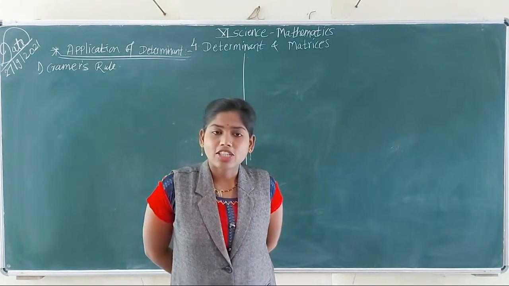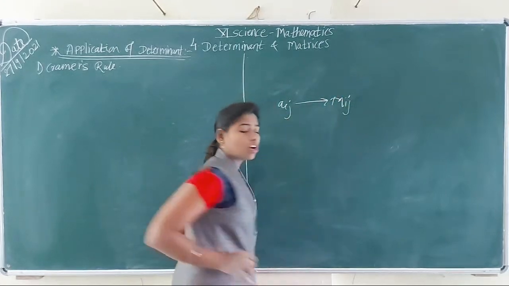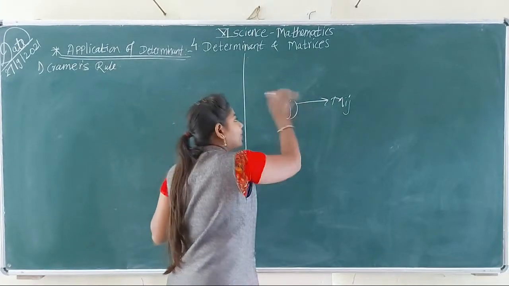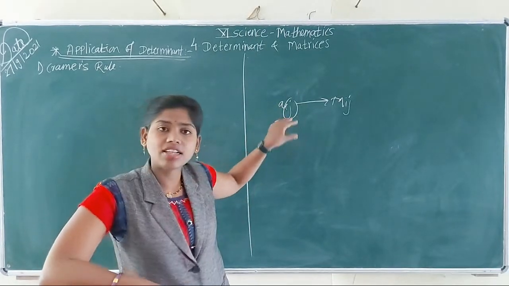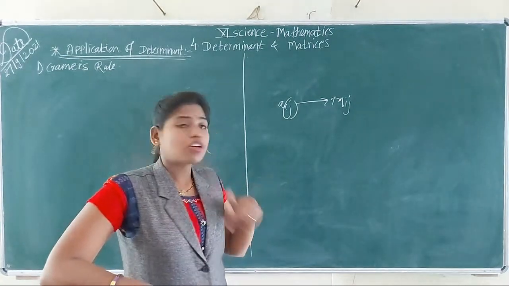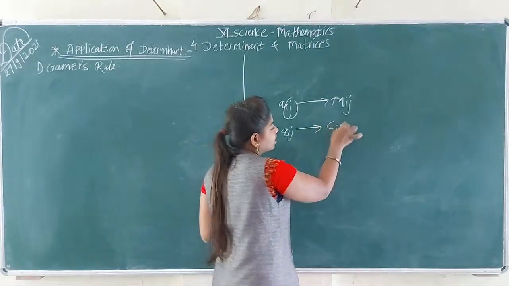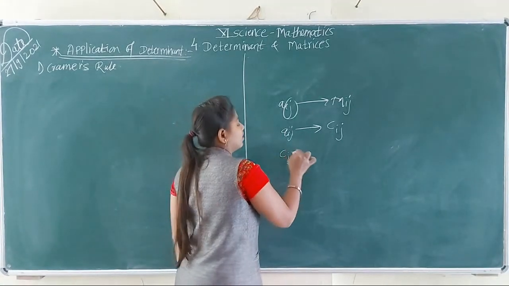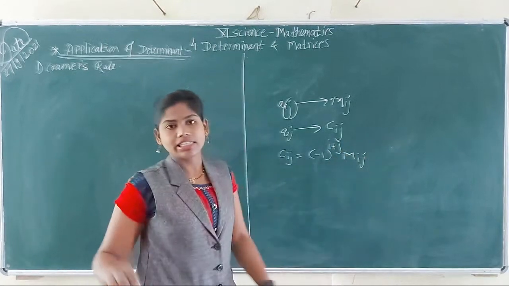The minor of Aij is denoted as capital letter Mij and the minor is obtained by deleting the corresponding row and column of the element. त्या एलिमेंटची जी काय पोझिशन आहे ती पोझिशन डिलीट केल्यानंतर त्या एलिमेंटचा मायनर मिळून जाईल. The cofactor of Aij is denoted as Cij and the cofactor is obtained by (-1) raised to i plus j into the corresponding minor, that is Mij.